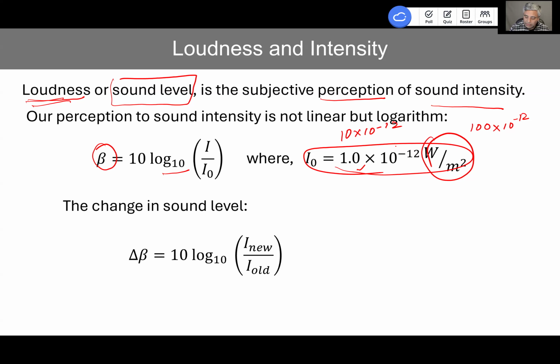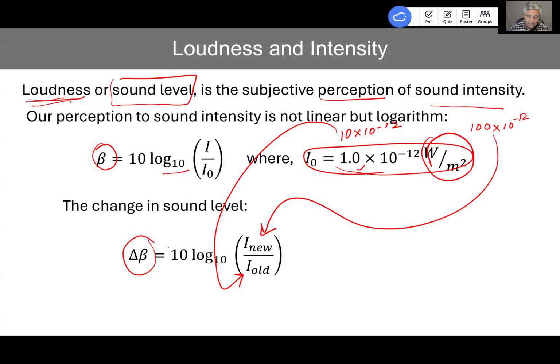If you are given these two values, you take the new one and put the old one over here and calculate. You may see this went from 10 to 100, and 10 to the power negative 12 is still the same, so the ratio is 10. But when we take the log of that, it is just 1.